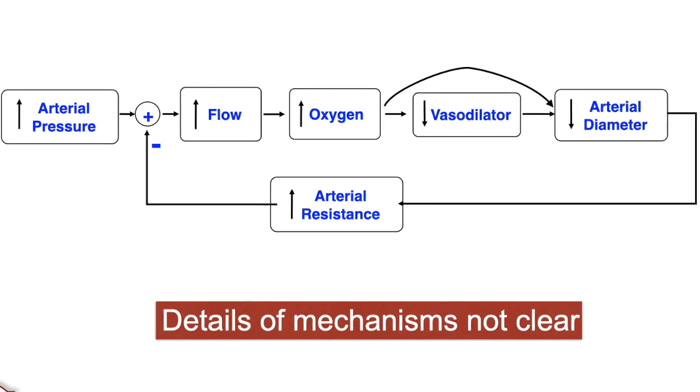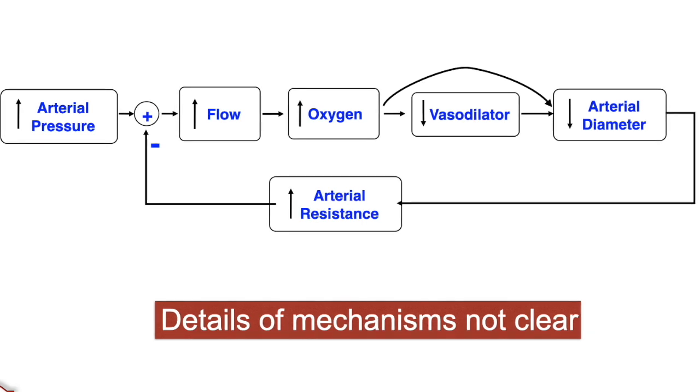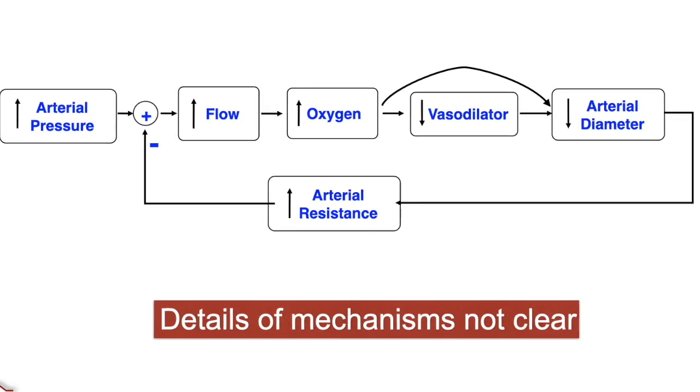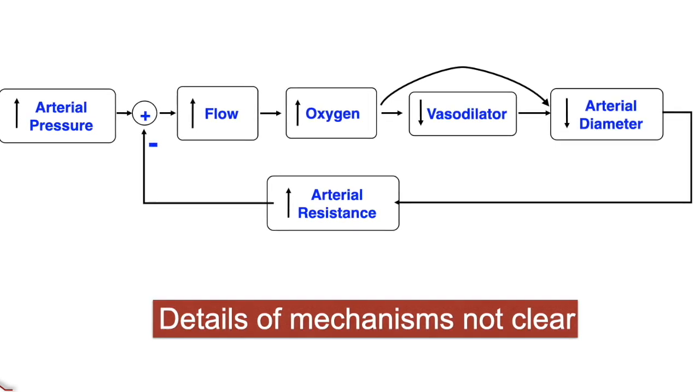Now that increase in flow brings more oxygen into the vessel, right? Just more flow, more oxygen coming in. Now that increase in oxygen is sensed somehow and causes a decrease of a vasodilator substance, whatever that might be. This is kind of magic, right? But we saw there are lots of chemicals that have vasodilation action.